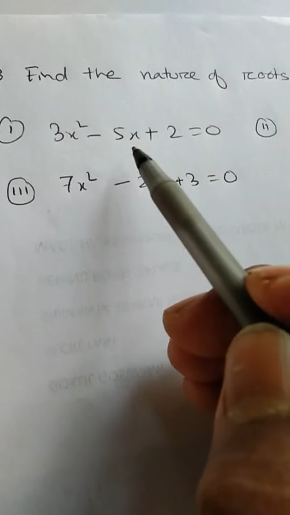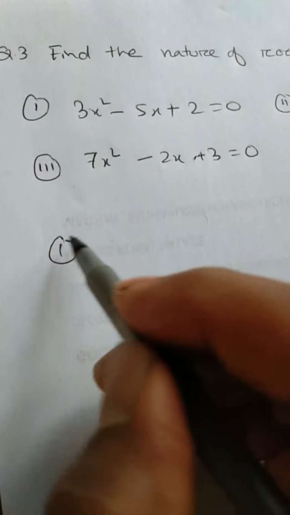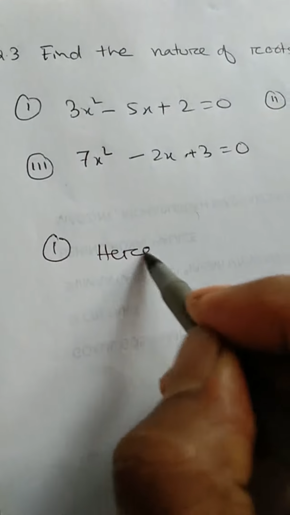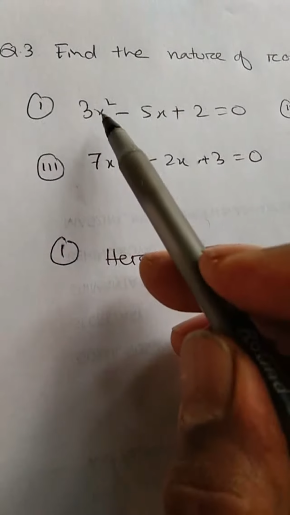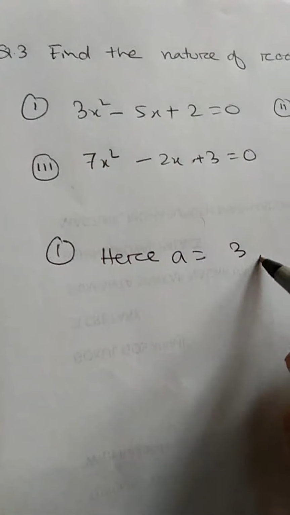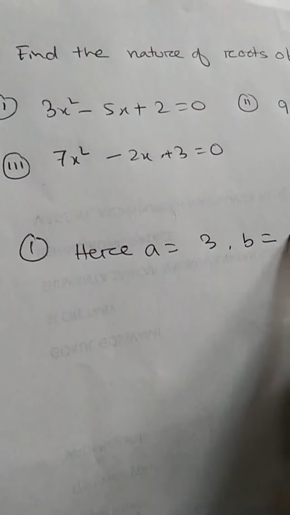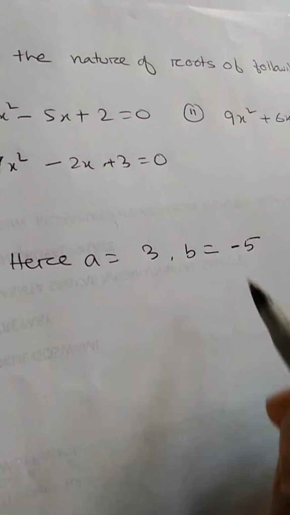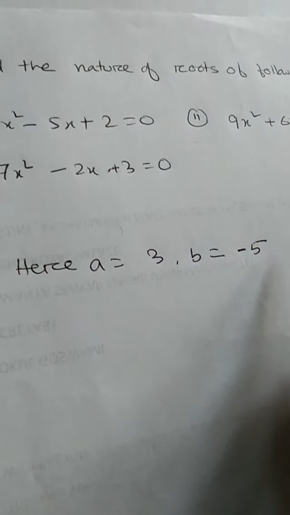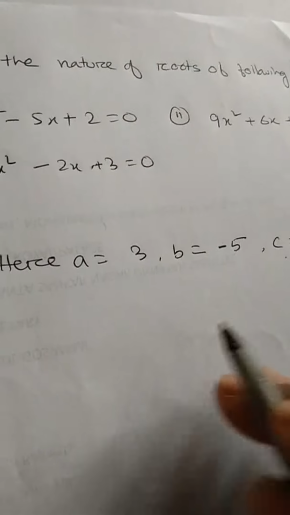So here the first equation is 3x square minus 5x plus 2 equal to 0. In the first example, a is 3, the coefficient of x square, b is minus 5, the coefficient of x, and c is the constant term, equal to 2.